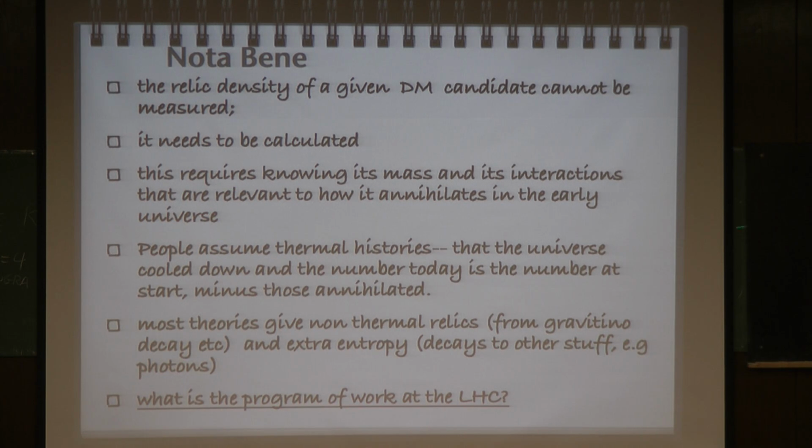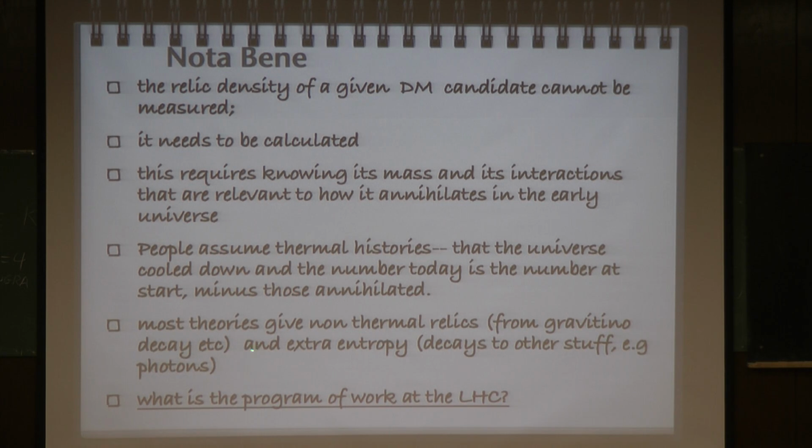And all these words here mean that you assume some thermal histories for the early universe, and that the universe cooled down, and what you have right now in terms of dark matter is what you started from, minus those that annihilated.